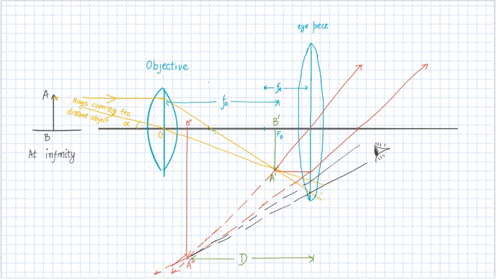Now, as you know, suppose there are two lines intersecting each other. In that case, this angle should be equal to this angle by the property of vertically opposite angles.